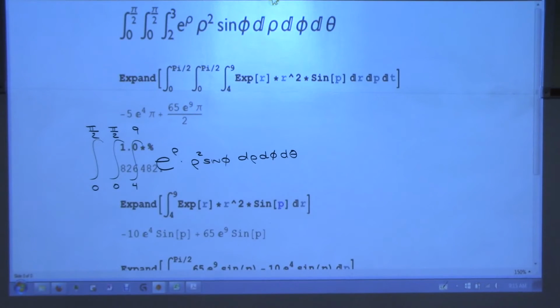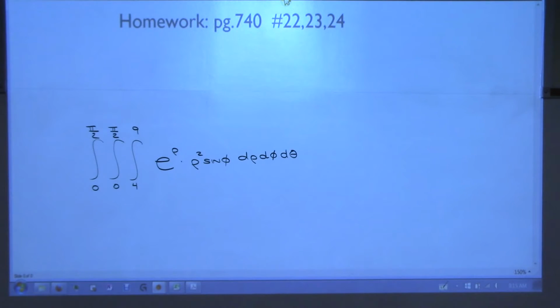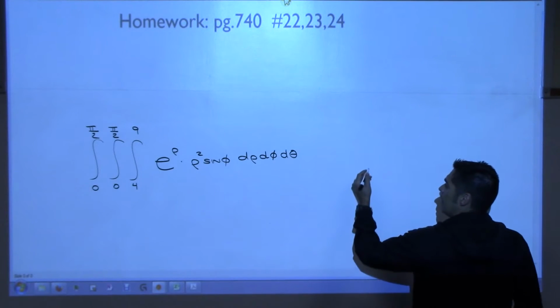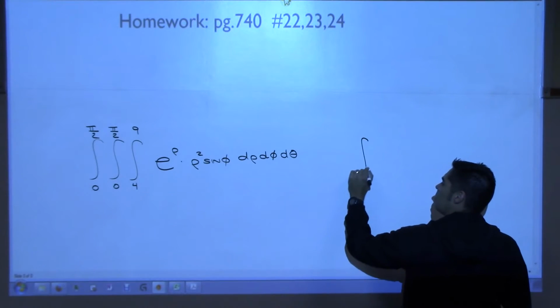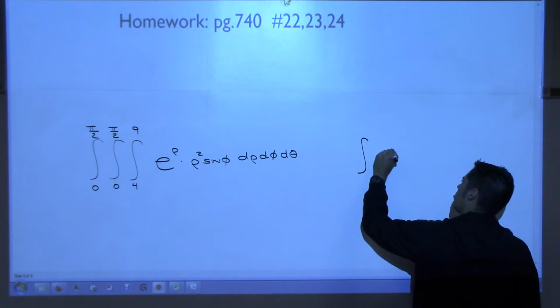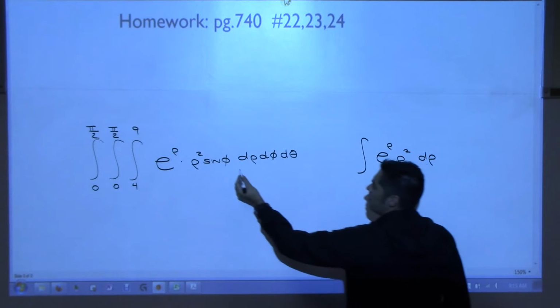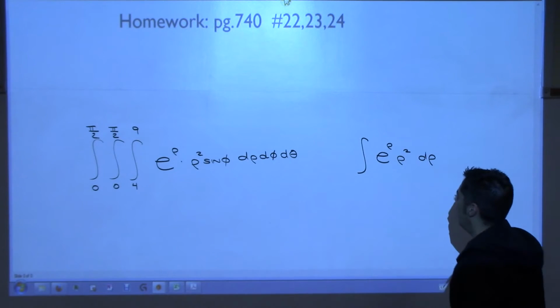You know what? Since that's all I have to talk about with this, and there are more videos with examples, let me go ahead and work this one out. So I want to do the integral of rho squared e to the rho d rho. I know I have a sine phi here, but I'm going to ignore it because it's a constant.